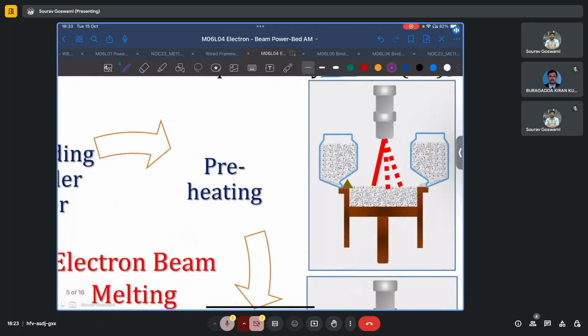And then the electron beam gun will first preheat the entire build chamber or the build bed. And as we can see, this is achieved via this relatively larger beam dia, or it can be achieved with a smaller power. The reason for having a larger beam dia is that now we can scan our entire build plate or build region with a smaller number of passes.